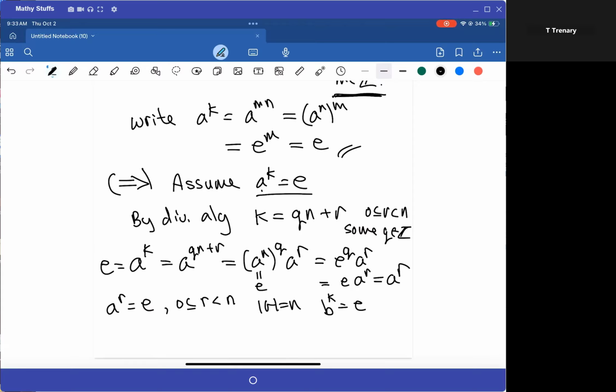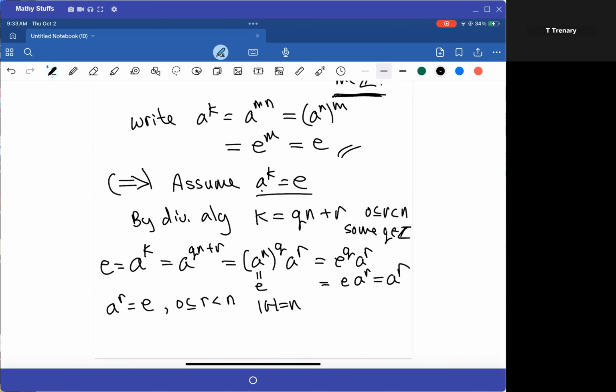K has to be n or a multiple of n, which is kind of what we're proving, but it's what we've got here. So the order of the group is n. That means a to the r can't equal e until you hit n.